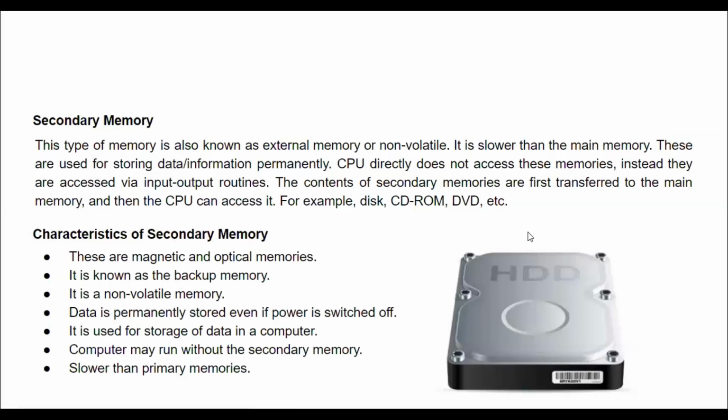Fourth, data is permanently stored, even if power is switched off. Fifth, it is used for storage of data in a computer. Sixth, a computer may run without the secondary memory. And seventh, it is slower than primary memories. So those are some of the characteristics of a secondary memory.